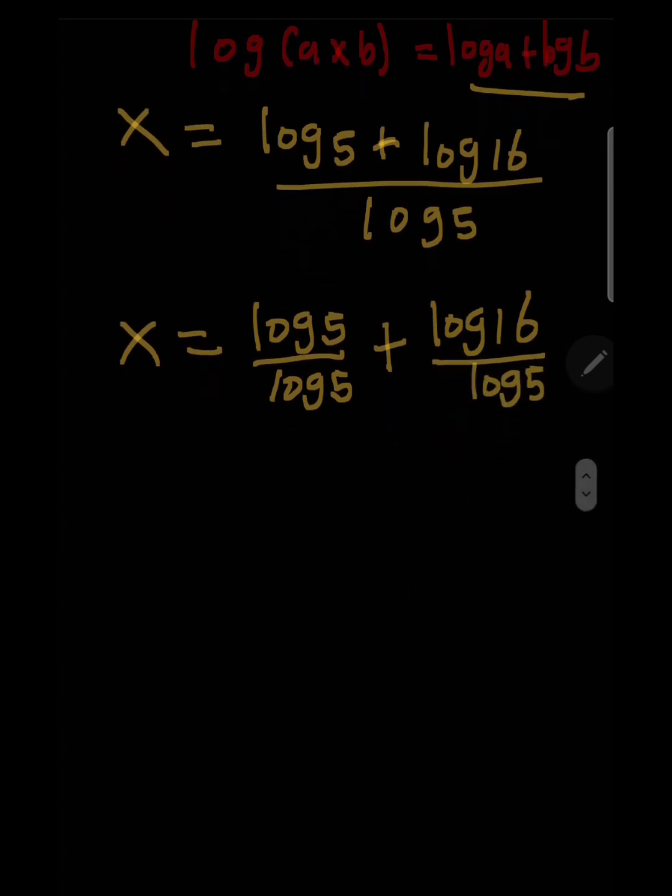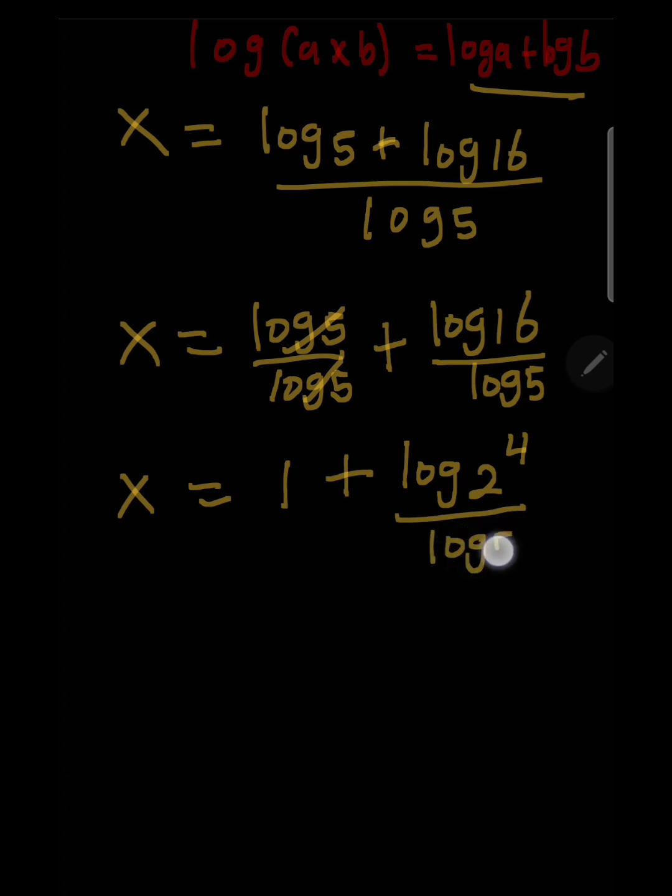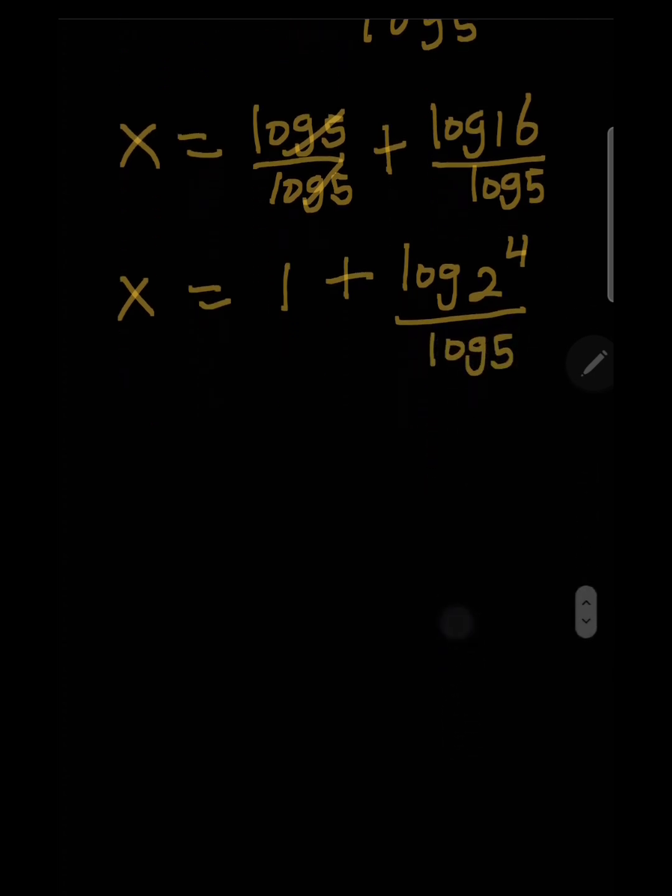Log 5 divided by itself is going to cancel, giving us 1, plus log of 16. 16 can also be written as 2 raised to the power of 4, then everything all over log of 5.